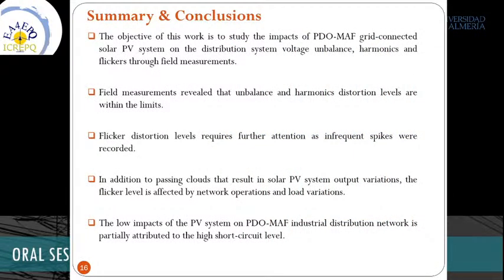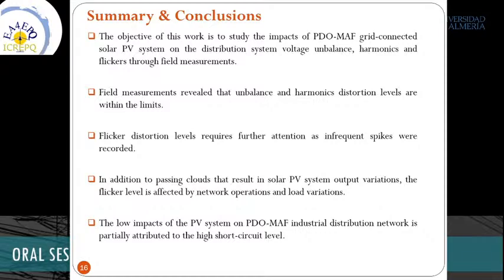The main objective of this work is to study the impacts of the PDO-MAF grid-connected solar PV system on the distribution system: voltage unbalance, harmonics, and flicker through field measurements. The field measurement revealed that the unbalance and harmonic distortion levels are within the limits.